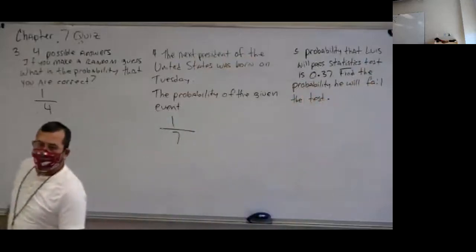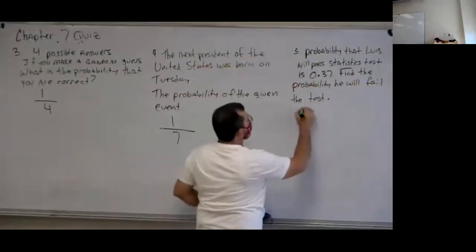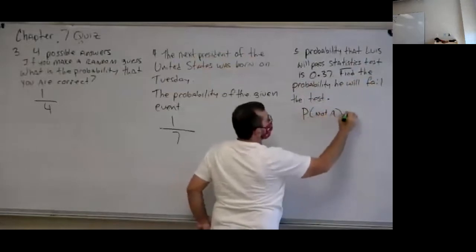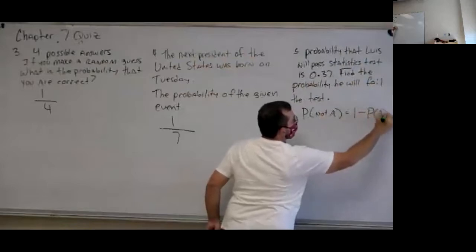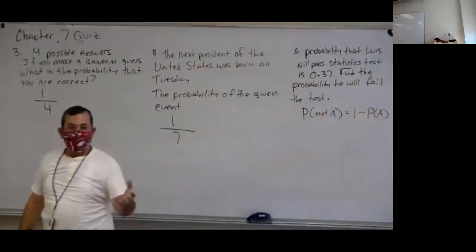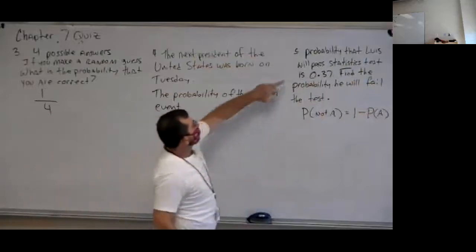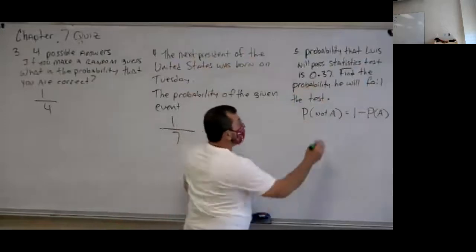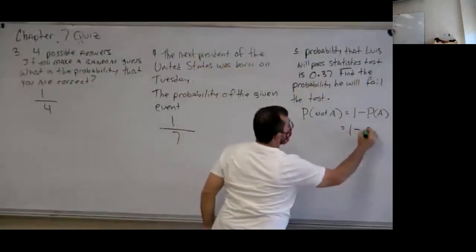And this sort of goes back to that P not A stuff. So the formula I'll use is P not A equals 1 minus P of A, which is the probability that it will happen. So they're saying his probability that he's going to pass is 0.37. So we come in and put 1 minus 0.37.